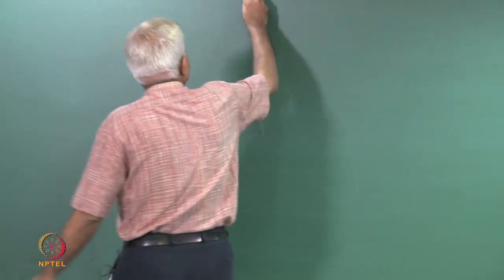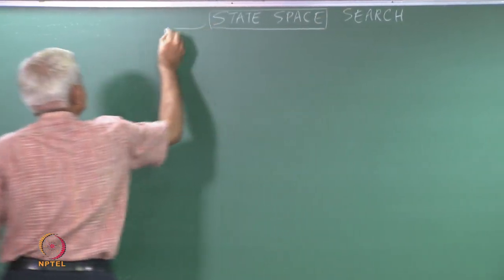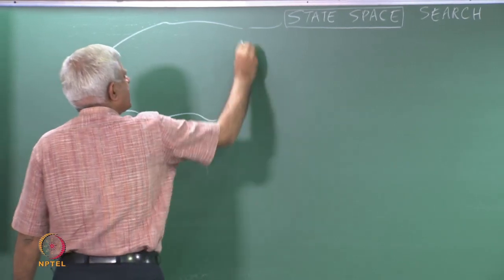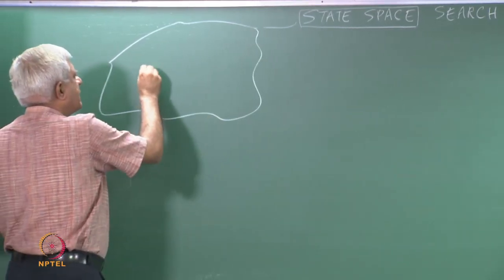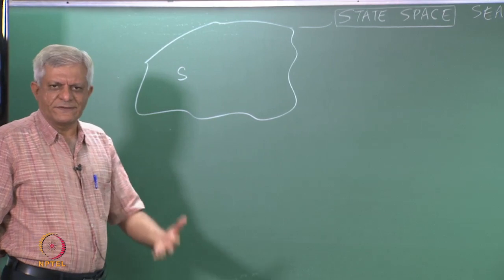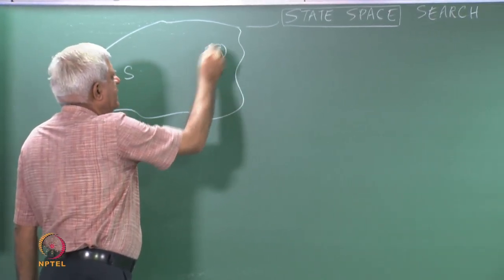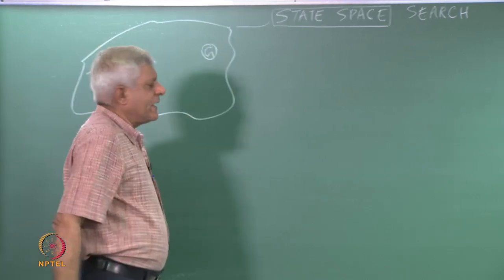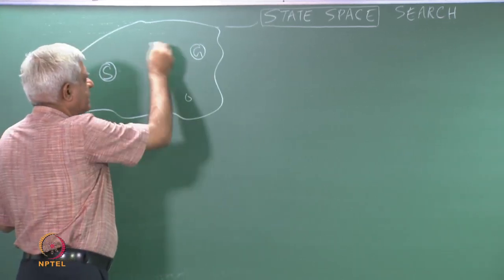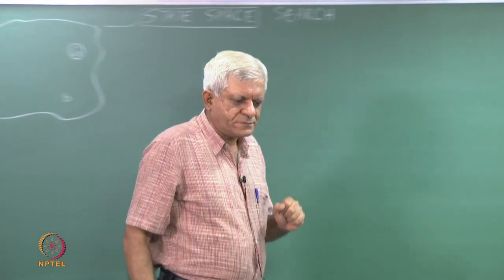So, this state space is a set of states. Let us say we draw it as a set like this, and I will use S for a start state or a given state and G for a goal state. Each of them is a state essentially, and there are other states as well somewhere which we know.